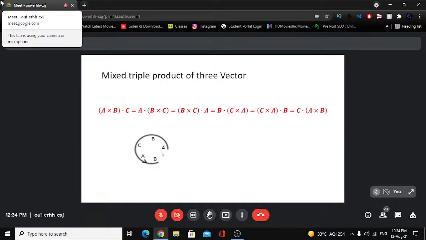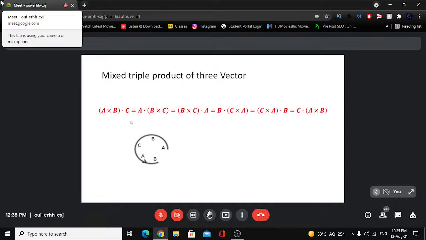Say there are three vectors, A, B, C, and then again repeat A and B. In this particular order we write these three vectors, and say we want to find A cross B dot C. Then A cross B dot C will be equal to A dot B cross C. So as a rule to remember, we write A, B, C in the same order, and then simply swap cross and dot, and we get the equal triple product.